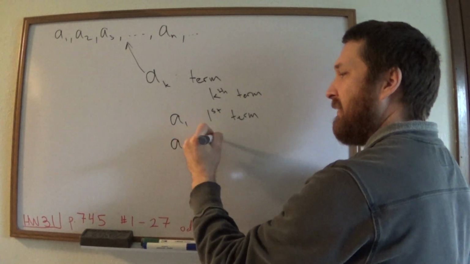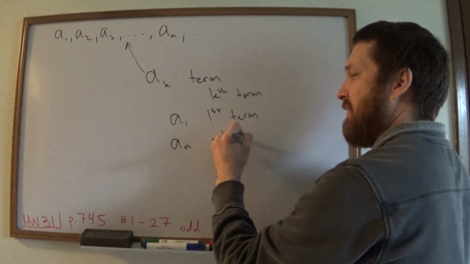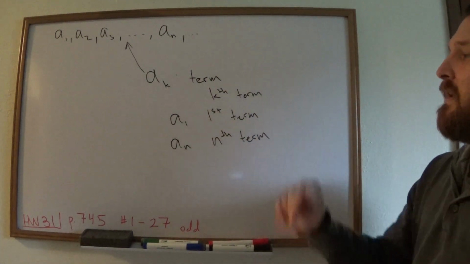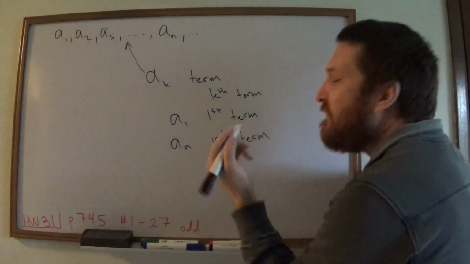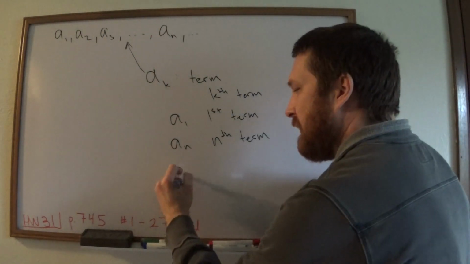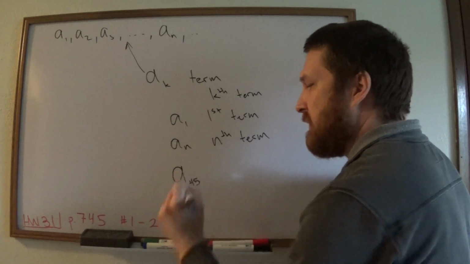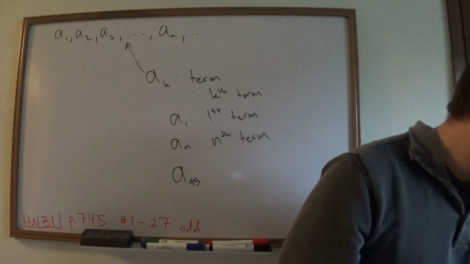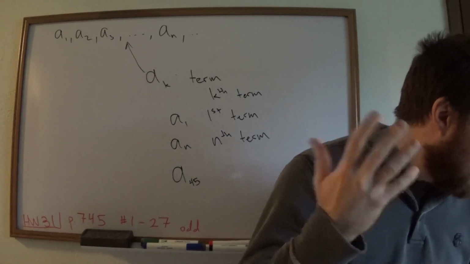A sub n, you're going to hear this a lot, is the nth term of the sequence. So if I said the 45th term of the sequence, it would be the 45th one, and we would write it as A with a little subscript 45 right there. Everybody got that? Yeah. Okay.